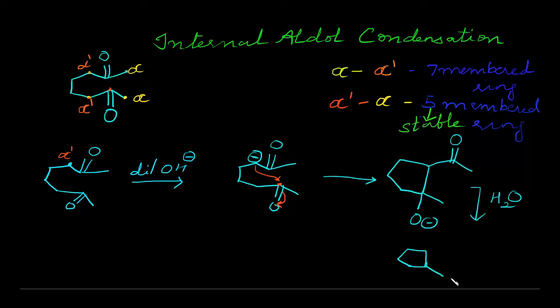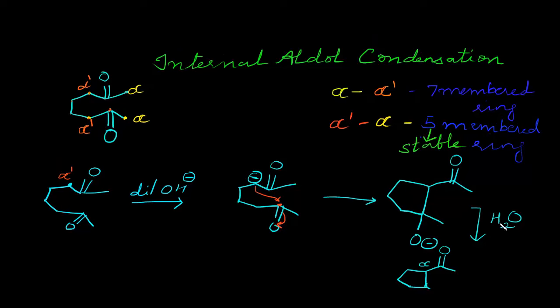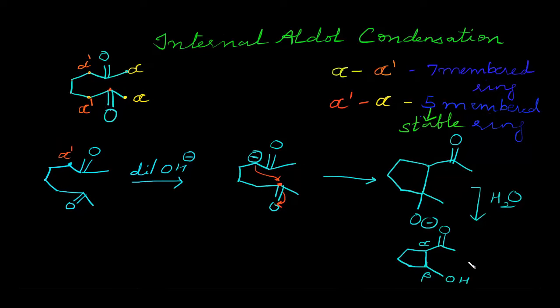Here you have OH, C double bond O, CH3. This is alpha carbon and this is your beta carbon. Hence, you get a beta hydroxy ketone. This is your beta hydroxy carbonyl compound.